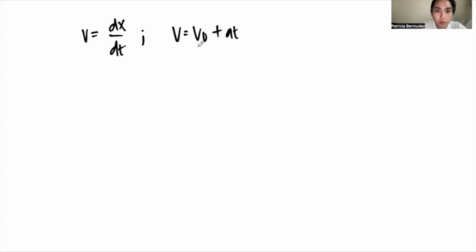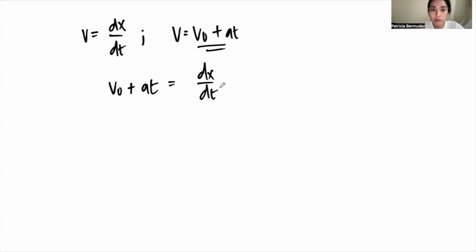We know that, again, velocity is equal to dx over dt. And we have derived that the final velocity is equal to v naught plus at. So we just have to replace v with this part of the equation. So we have v naught plus at is equal to dx over dt.